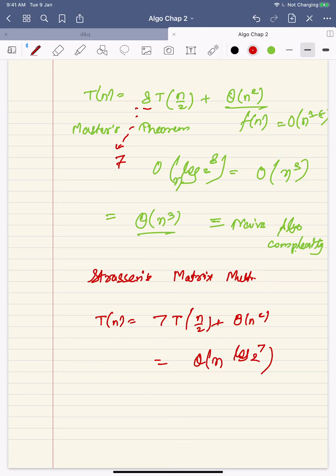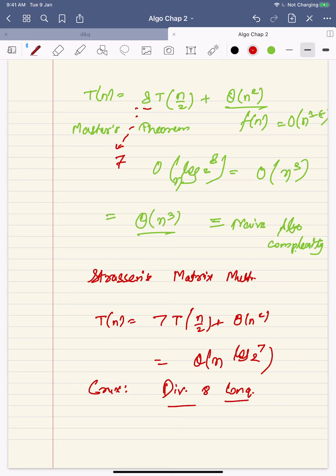And what was the crux of coming up with this? The main crux is, use divide and conquer. Now we see in the last 2 subproblems, just divide and conquer is not giving you a more efficient algorithm, right?